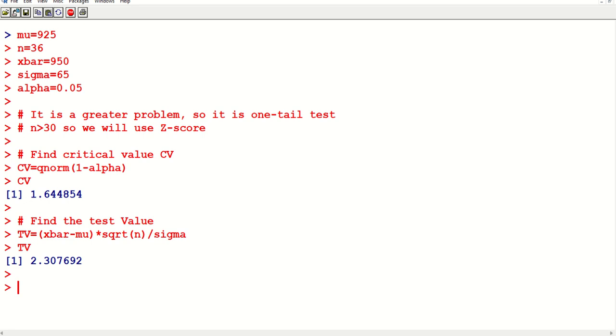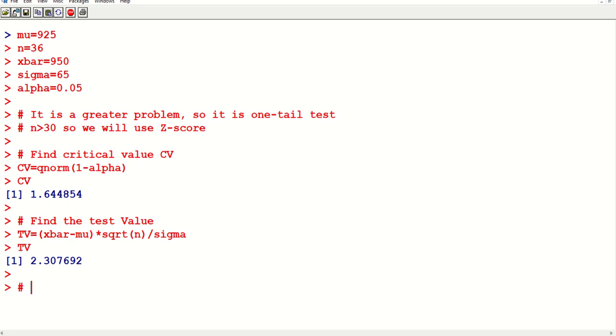My dear friends, for this question we can find the result by using two techniques. One is comparing the critical value and the test value. Another is the comparison between the p value and alpha.